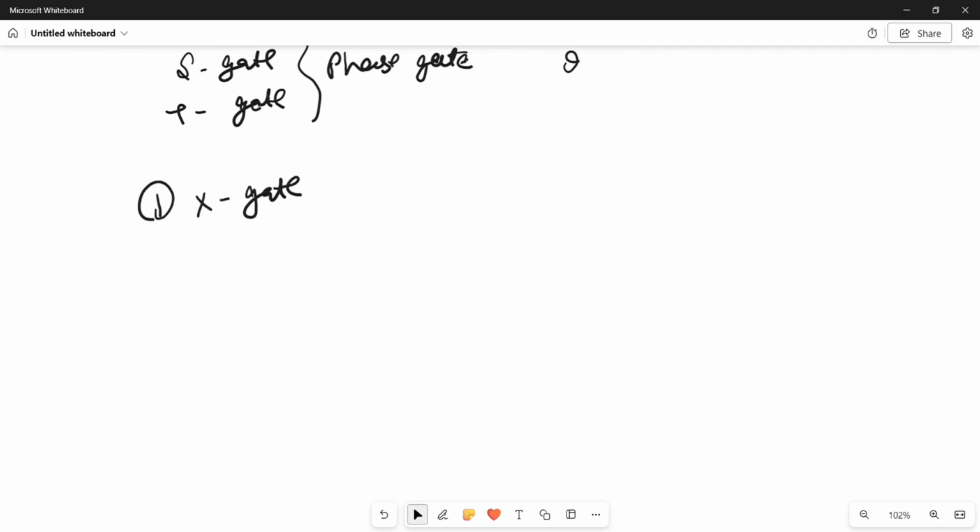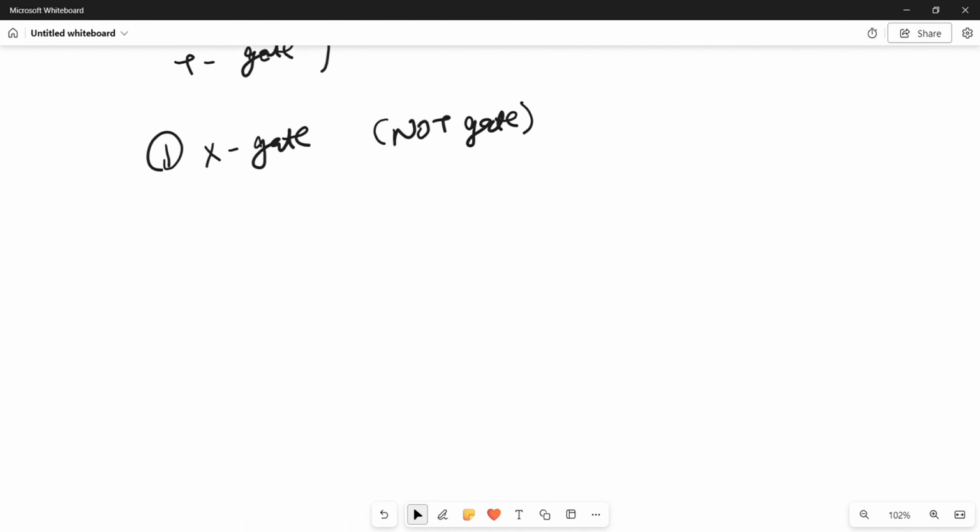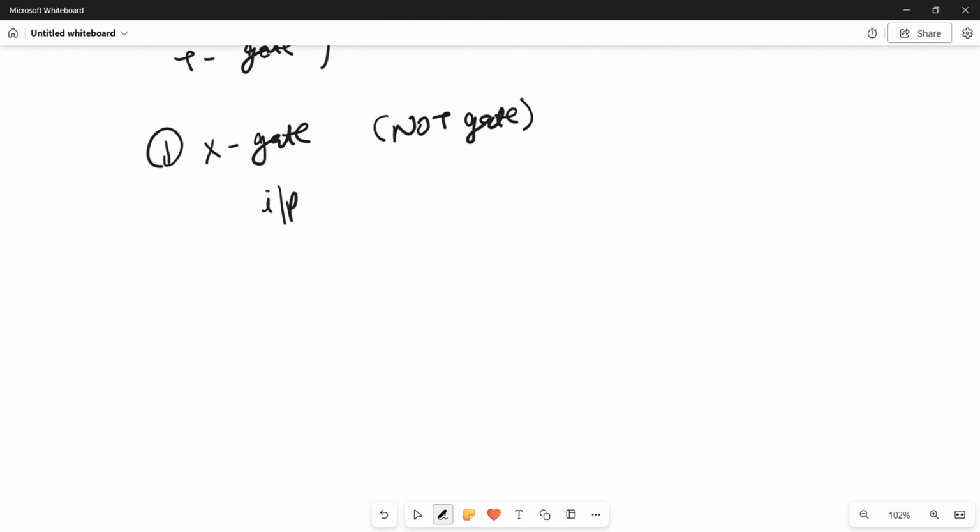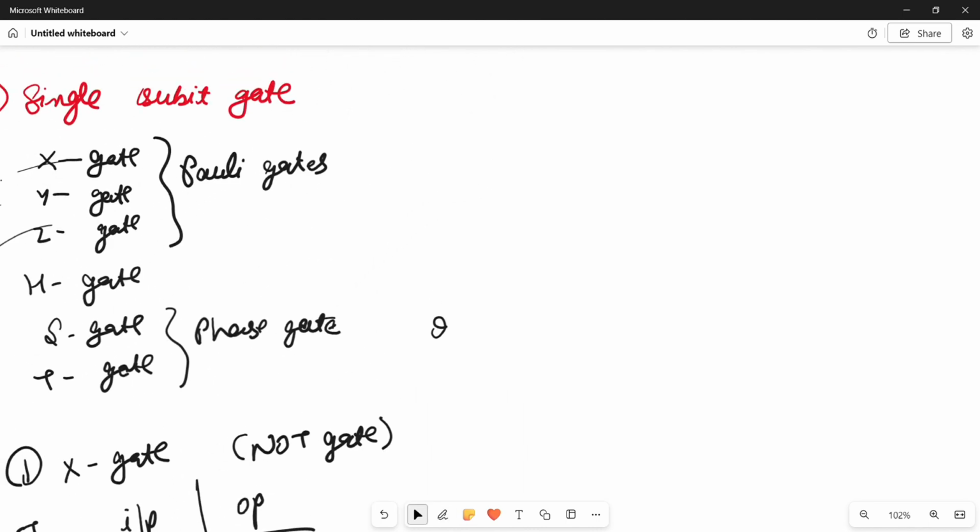Okay, so your X gate acts like your NOT gate, similar to the NOT gate in normal classical computers. Now suppose I'll draw the truth table first, input and output. Just keep in mind that for every gate I'll be telling you the truth table, then your outer product.